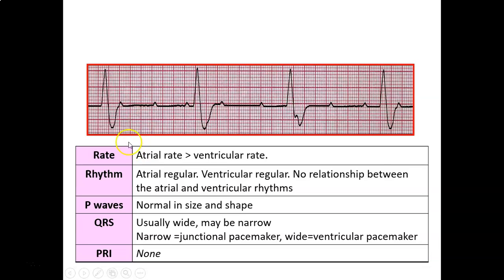Okay, if you see the distance between the two P waves, like here, one P wave is here, one P wave is here. So they are equidistant and regular. What it tells us is that these P waves are coming from the sinus node, because they are the same shape.